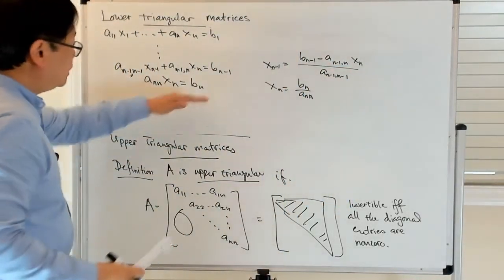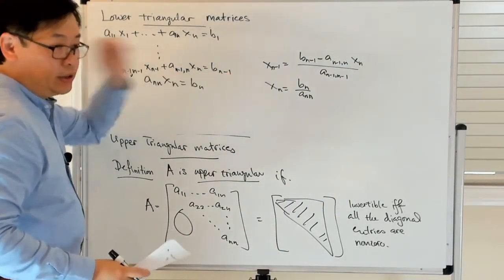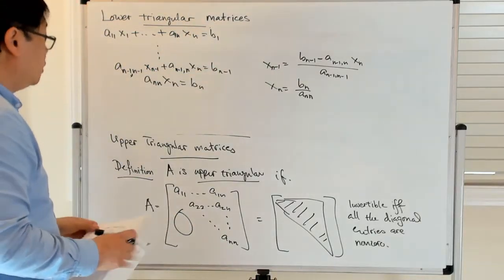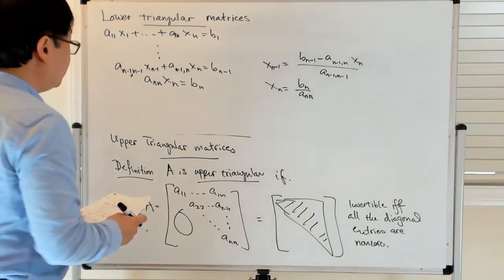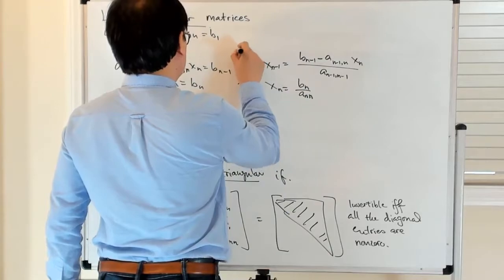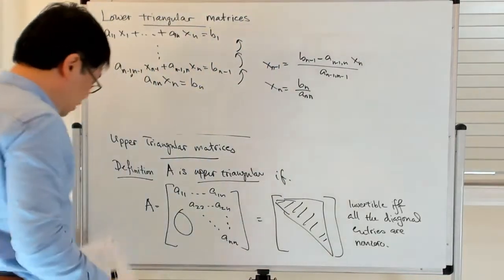So this is, as you might expect, another substitution method, but it's called backward substitution. You keep going up and substituting backwards, right?